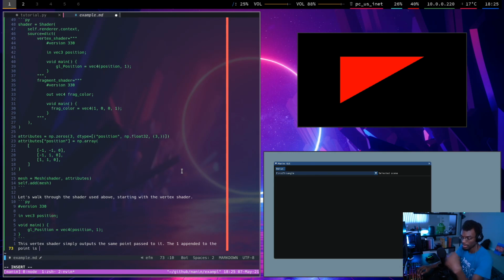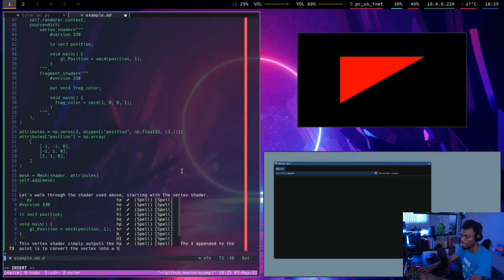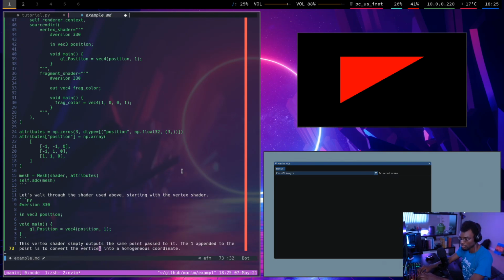One appendage to the point is to convert the vertex into a homogeneous coordinate. I'll say vertices into homogeneous coordinates.